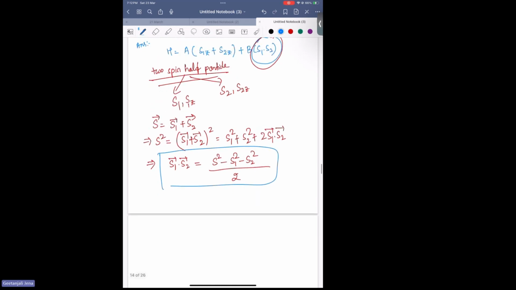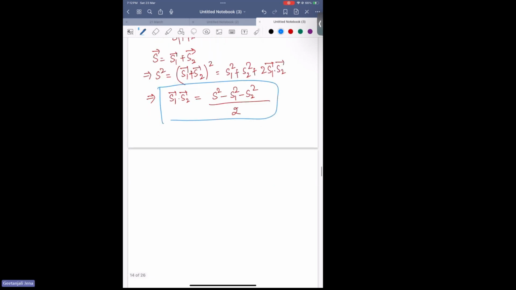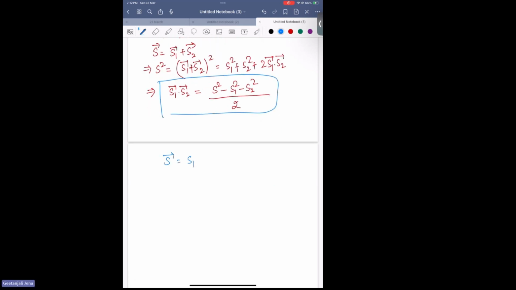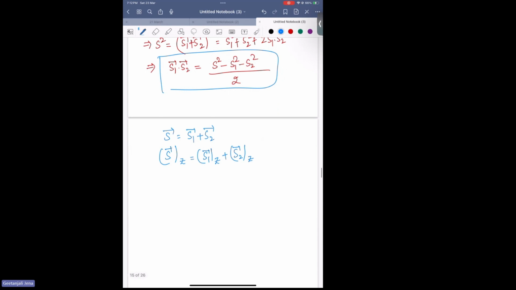Now if S equal to S1 plus S2, that means the Z component of S is equal to the Z component of S1 plus the Z component of S2. Let me tell you why I have calculated this. The Hamiltonian is given: A times (S1z plus S2z) plus B times S1 dot S2.